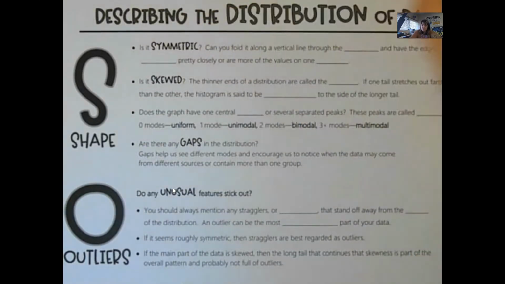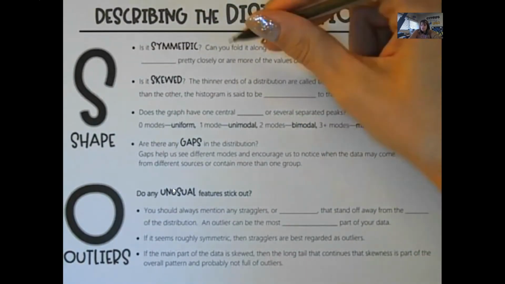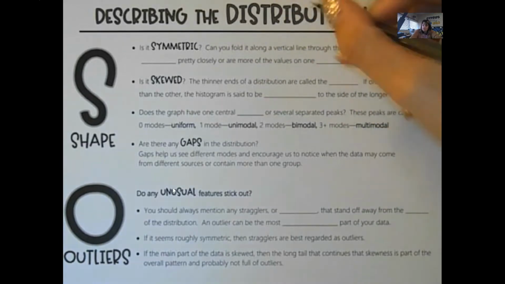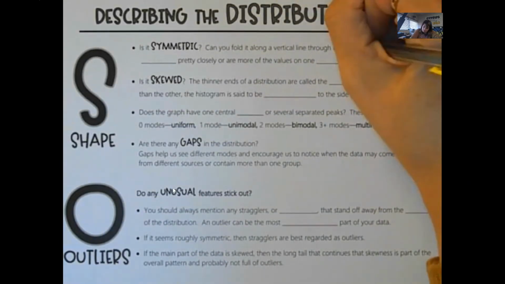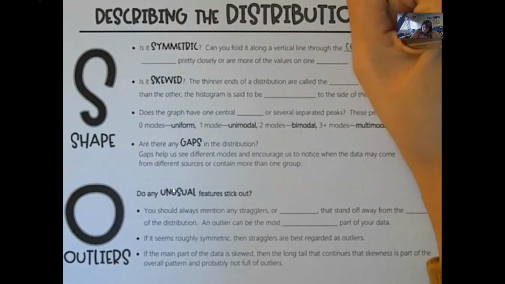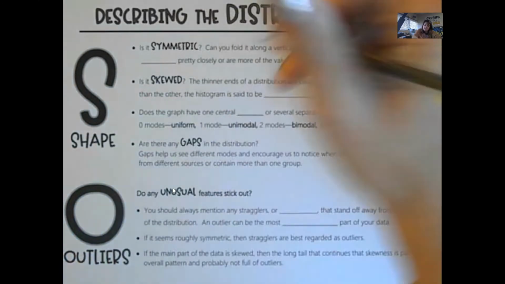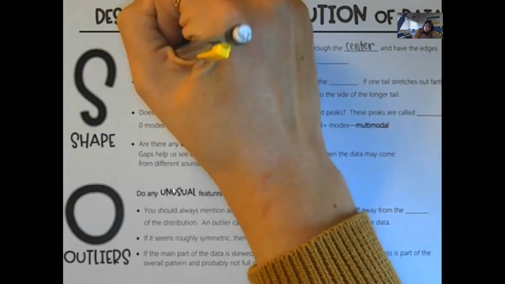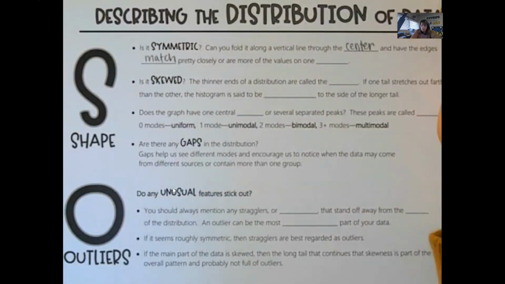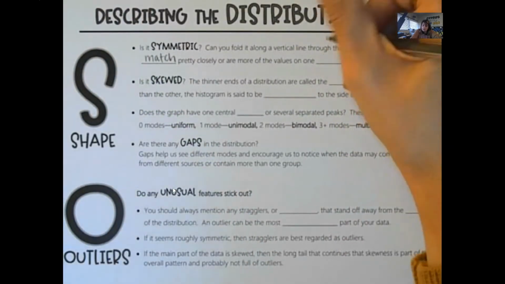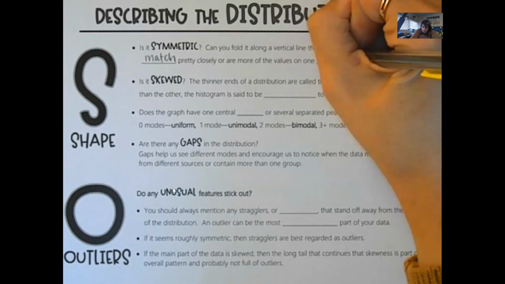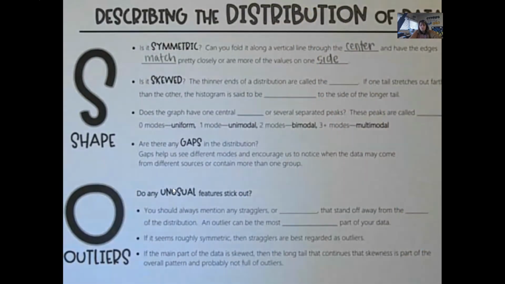What that means is, can you fold it along a vertical line through the center and have the edges match pretty closely, or are more values on one side? So one thing that we look for is, is it symmetric? We're looking for symmetry. Now, it doesn't have to be perfect.